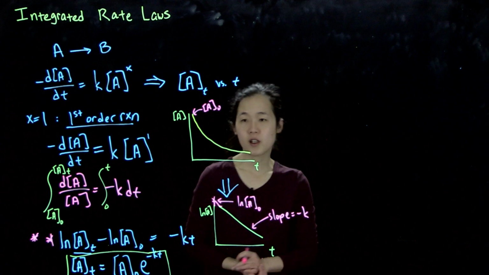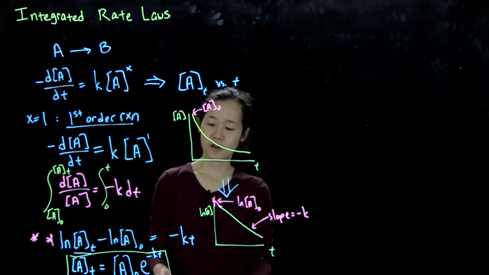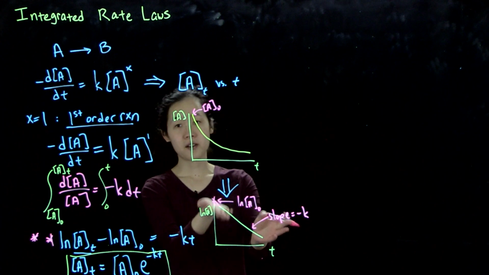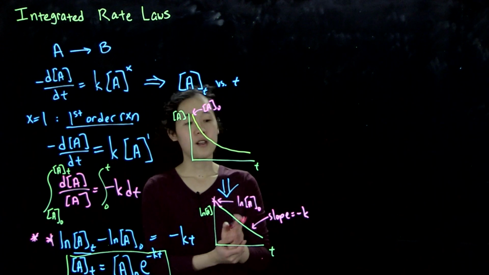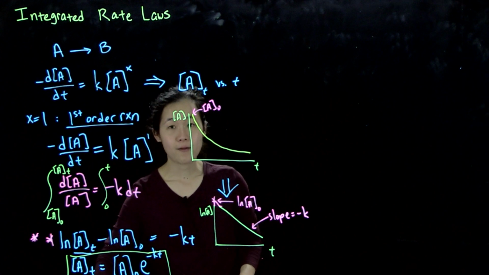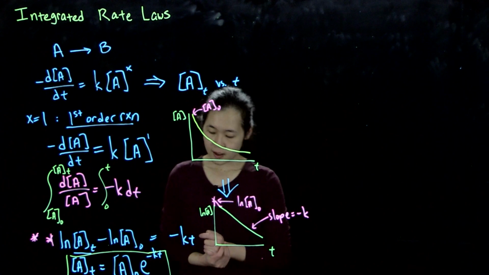So you could fit the data either way, either through the exponential decay or through the linearization of the data. Sometimes linearization doesn't work very well, so sometimes you have to actually fit the exponential. So that's the first order rate law.